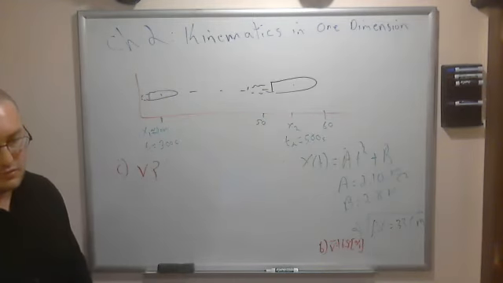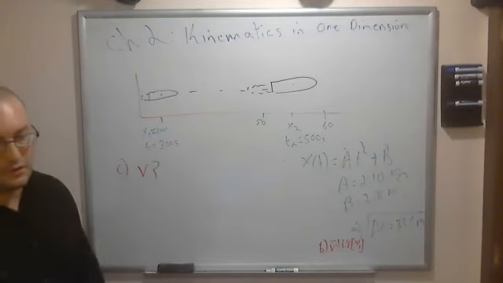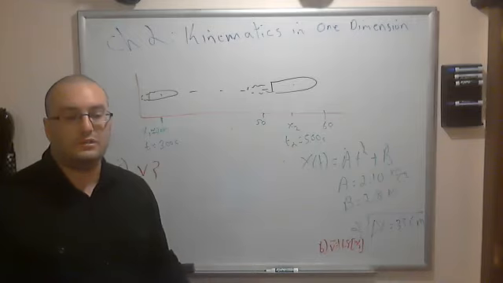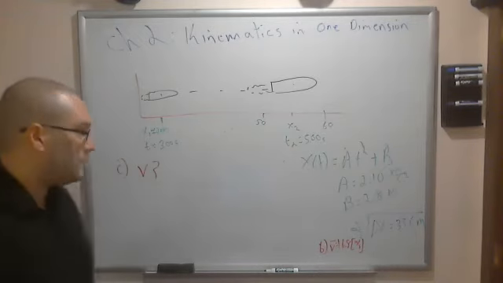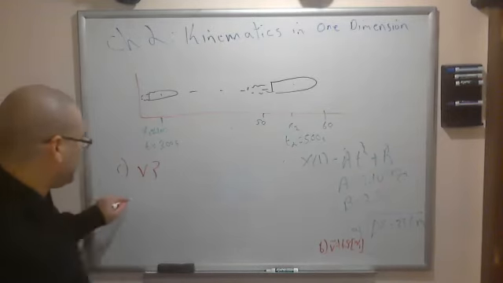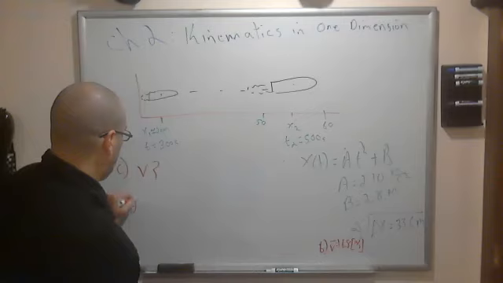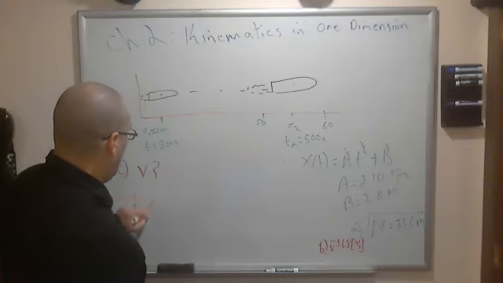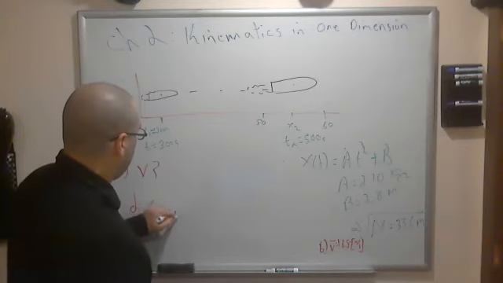So how would we go about doing this? Find the derivative of x and then just plug in 5. Exactly. So it's the derivative of the position function.